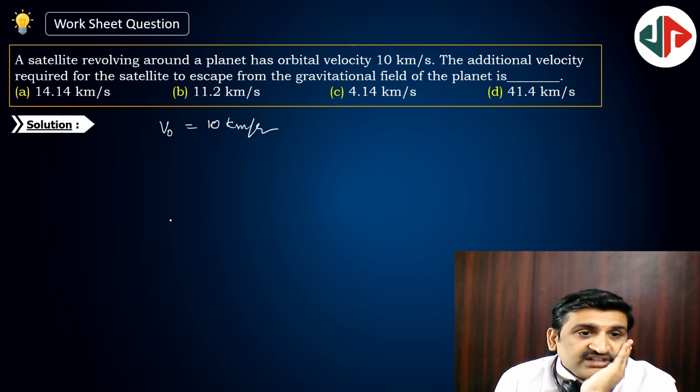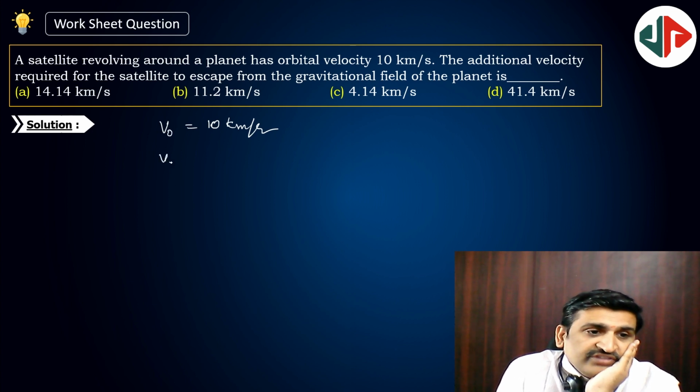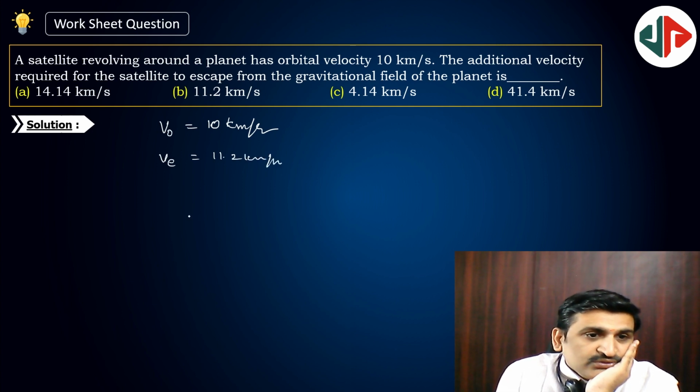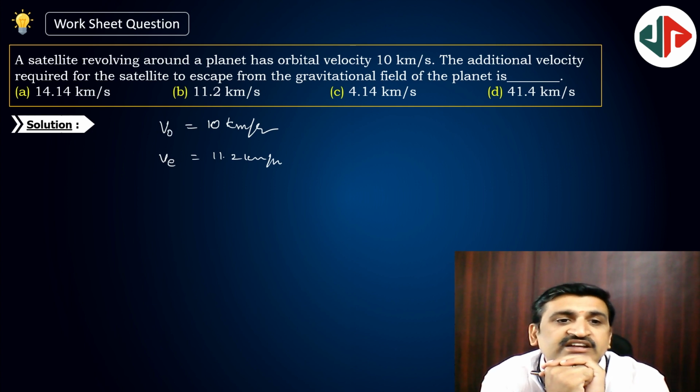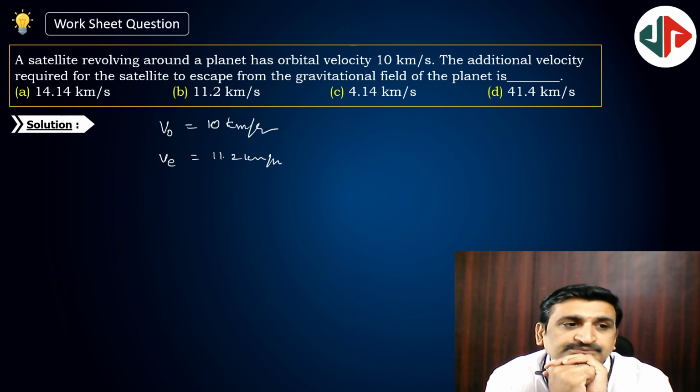But if we take that as a surface satellite, we want 11.2 kilometers per second actually. So 11.2, that is already 10. So normally it is 1.2, but there is no option for that.